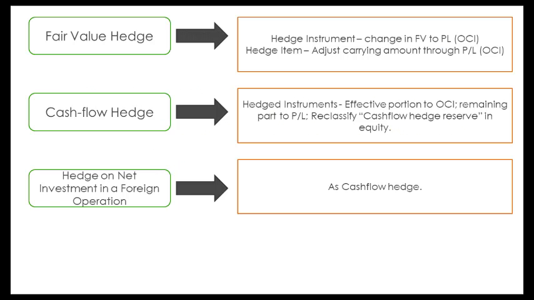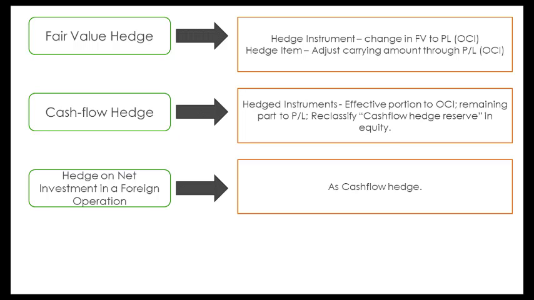Okay, under fair value hedge, the hedge instrument, or the tool to reduce the risk, any change on it will be under fair value to profit or loss. And then hedge item, adjust carrying amount through profit or loss or OCI.